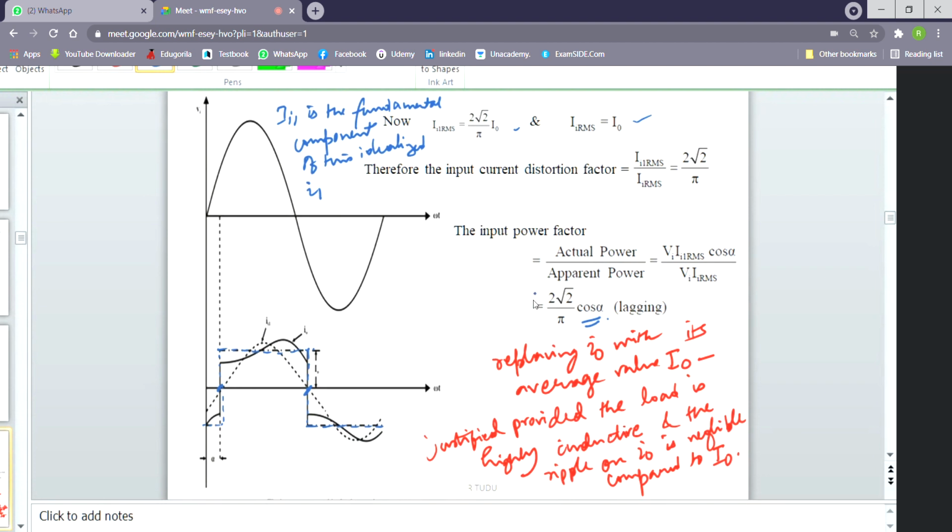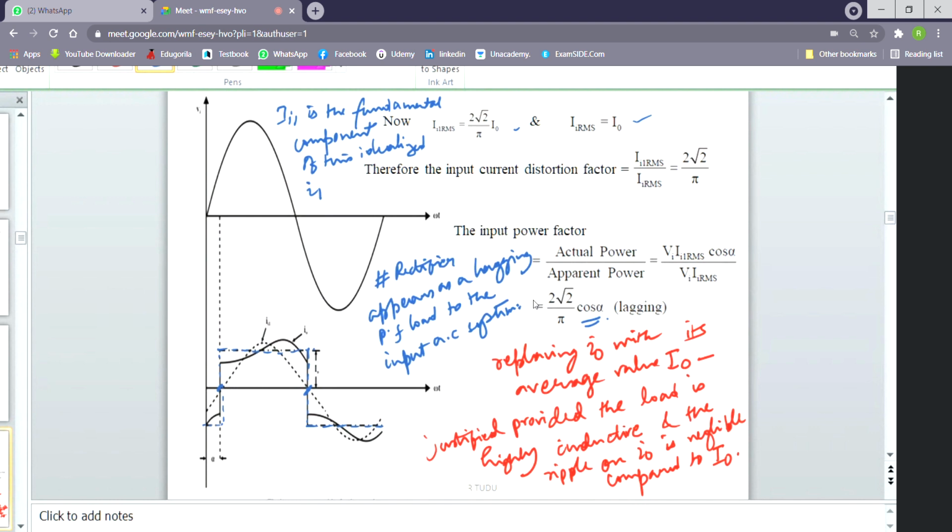Because of the presence of this alpha, the rectifier appears as a lagging power factor load to the input AC system.